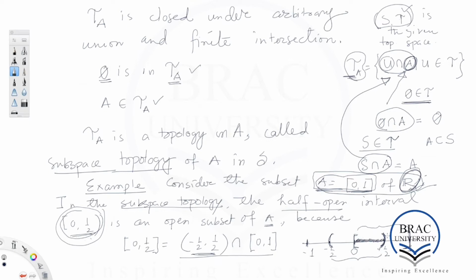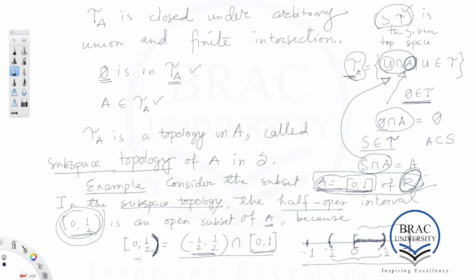right? So I think I made a mistake here. It has to be open. Okay. So this can be written down as the intersection of -1/2 to +1/2 and 0 to 1, the closed interval, which is clear from this picture.